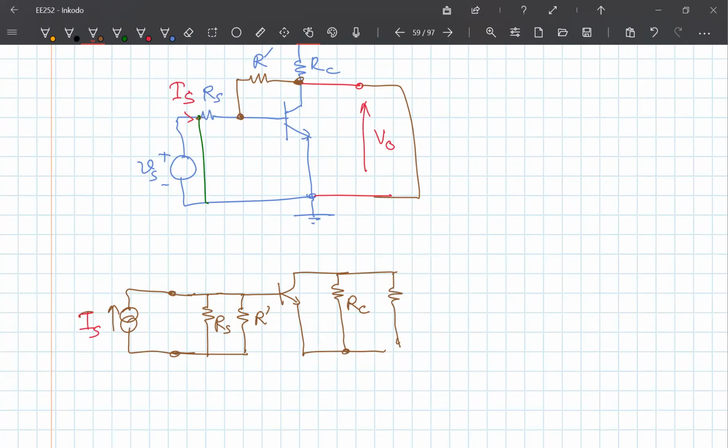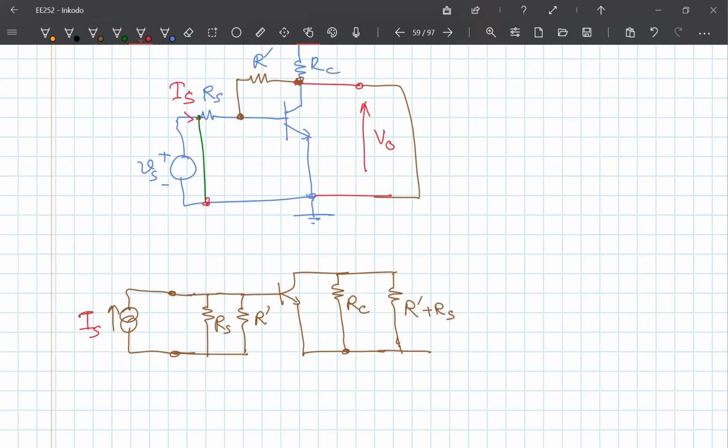Let me see. Input to this is 0. So R dash and RS, because between the ground and the collector, you have these two resistors.